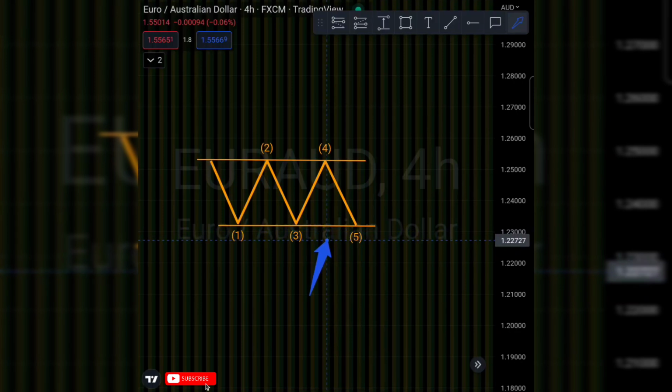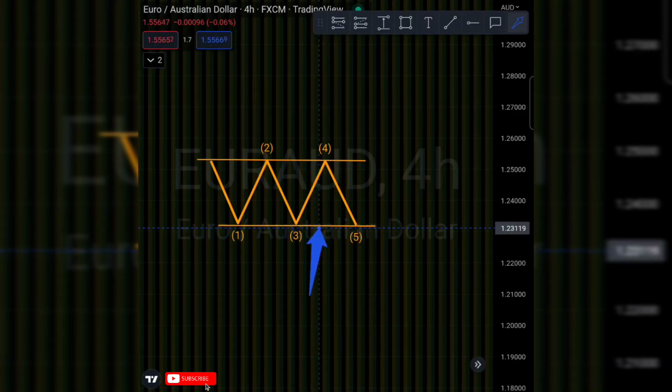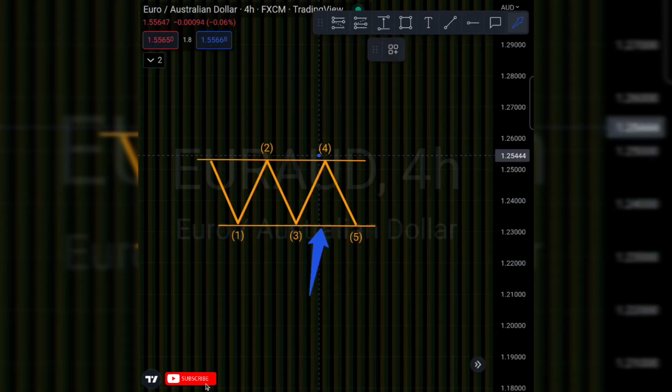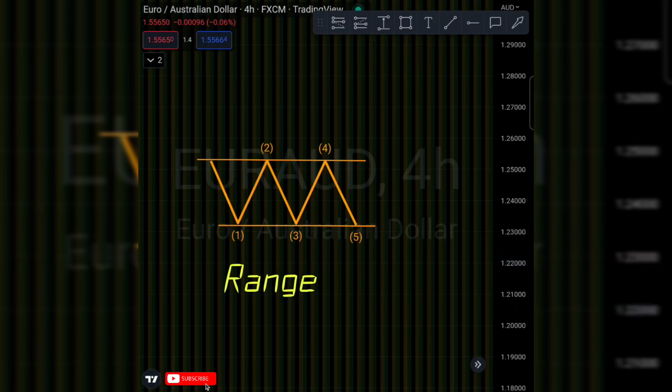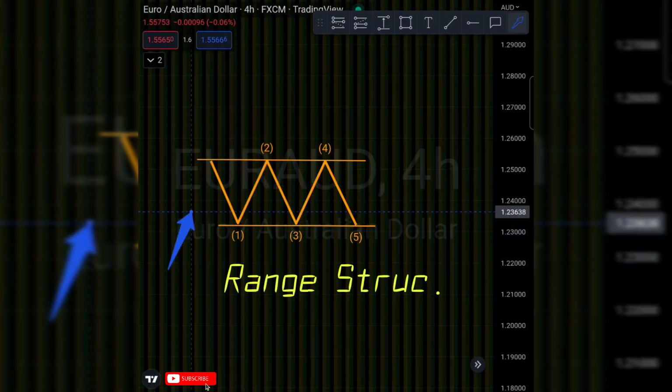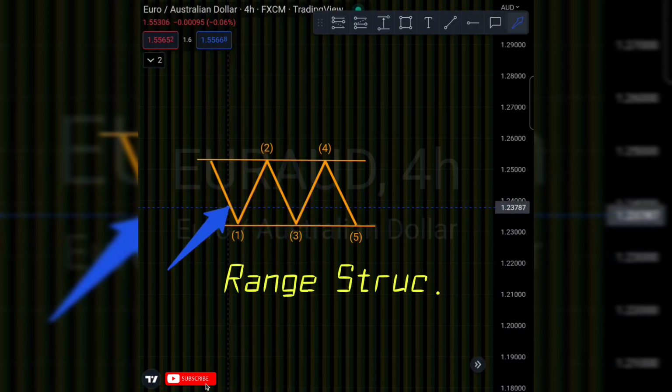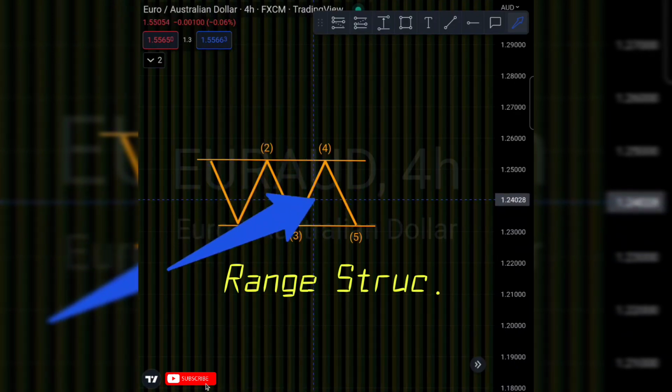So we know that support being the floor, price doesn't want to break below, and resistance being the ceiling, price can't break above. It's keeping it contained, keeping it in. So as support is pushing it up and resistance is pushing it down, that causes price to range. That's what this market structure is called, a range, right?